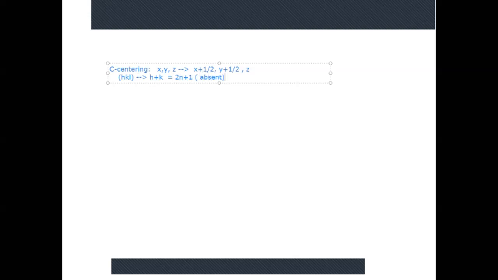So if you go through the HKL file and you look at all of the HKL indices where H plus K is odd, they should be systematically absent for C centering.